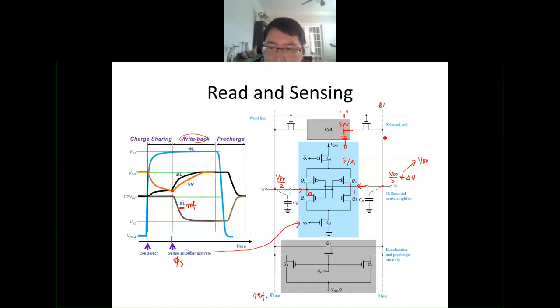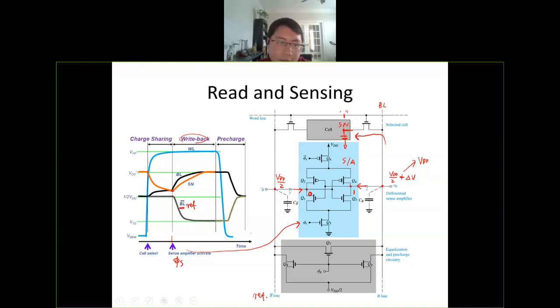So this VDD is going to write back the data to the SN node, because the SN node at this moment has already decayed to this value. It's lower than VDD. Now the BL is becoming VDD, so this VDD is going to charge back this storage node. So the storage node will also increase to VDD.